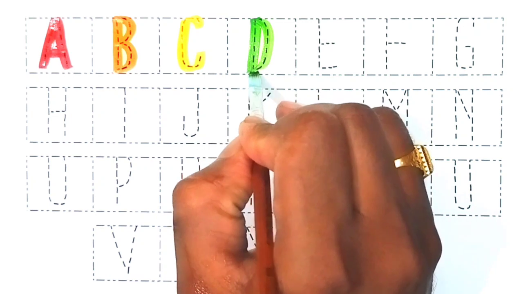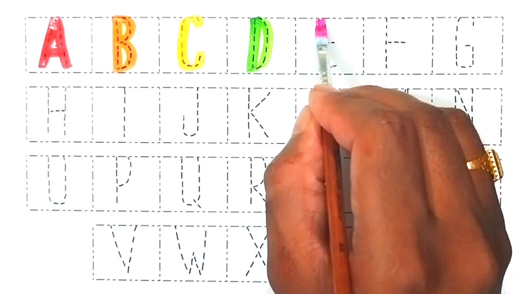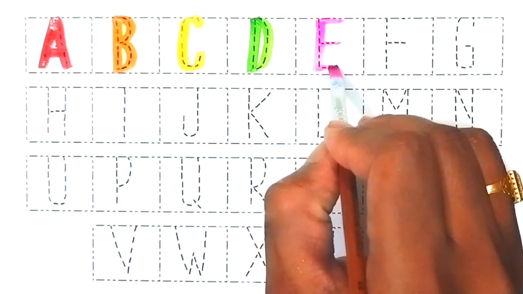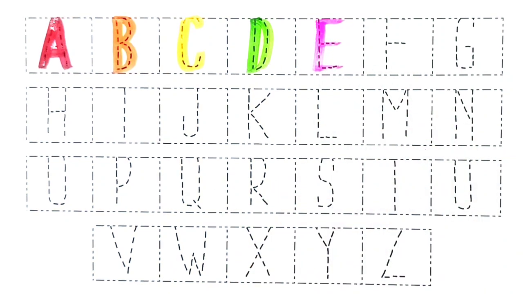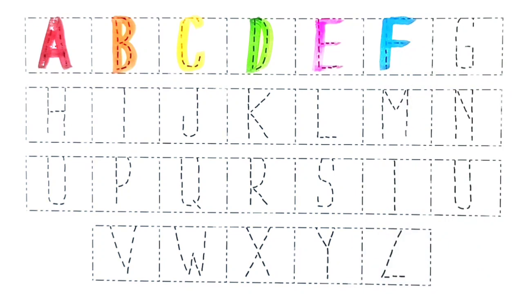D for doll. E for elephant. F for fruit.